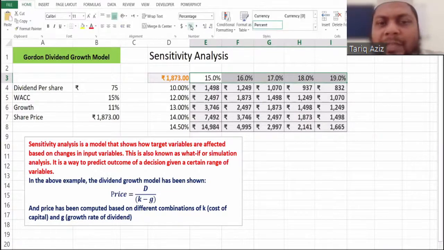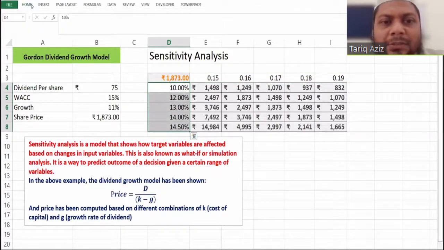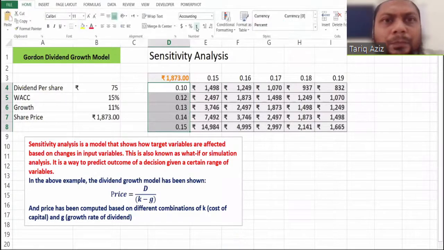Once I click on the percentage sign, instead of percentage, it has been converted into decimal format, but the outcome is the same. Similarly, we can change this also, like this. So we are converting it, right?